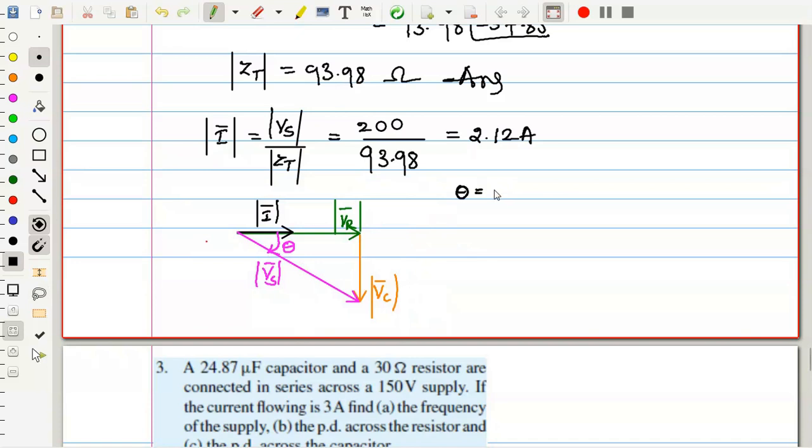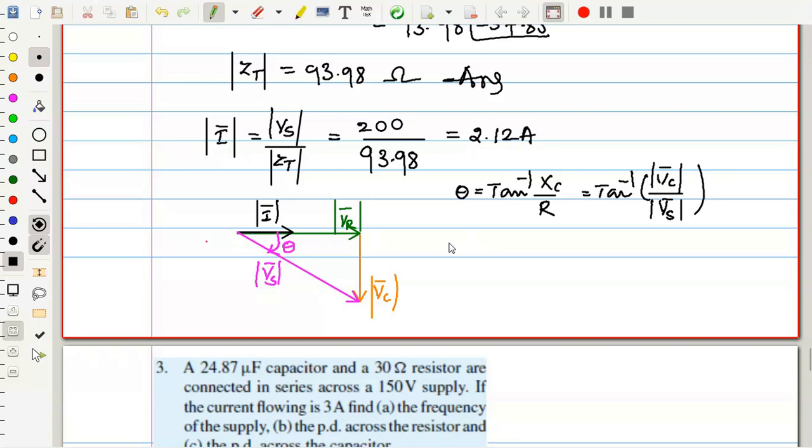So theta can be written as tan inverse of Xc by R, that is imaginary part divided by real part. Of course it is tan inverse of minus Xc by R, but that minus is already considered in the clockwise direction, so it is tan inverse Xc by R. So you can write the same thing as tan inverse of the opposite side, Vc magnitude, divided by Vs magnitude. In many ways you can write it.